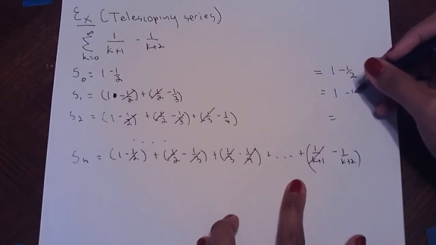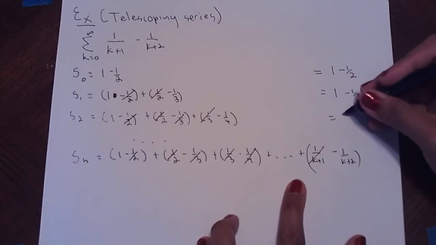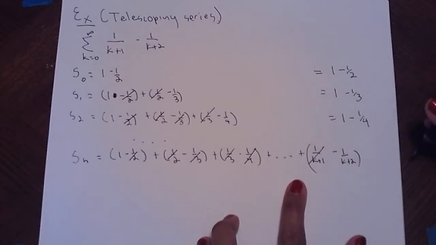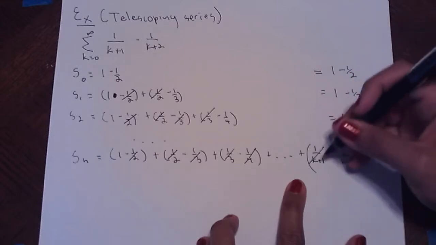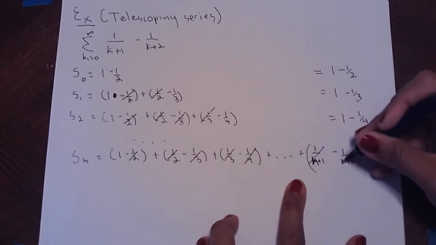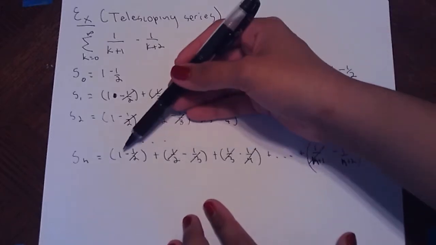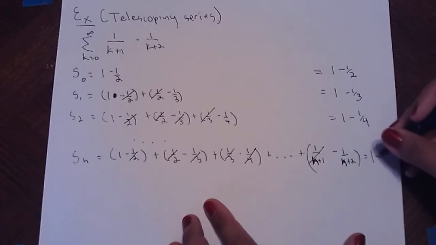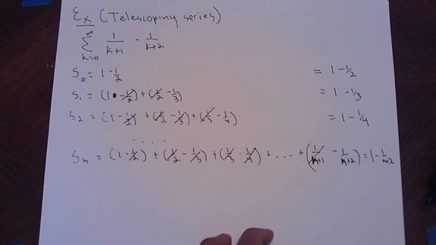This is looking like 1 minus a third, and this is looking like 1 minus a fourth. And this guy, after all of my cancellations, oops, these should be n's, not k's, sorry about that. After all my cancellations, we're left with just a 1 over n plus 2. So 1 minus 1 over n plus 2, simplify it if you want.